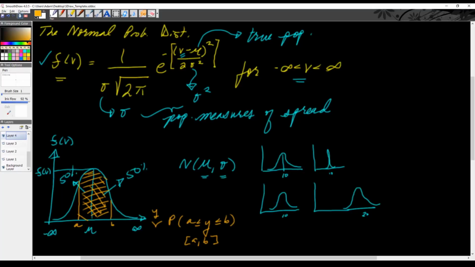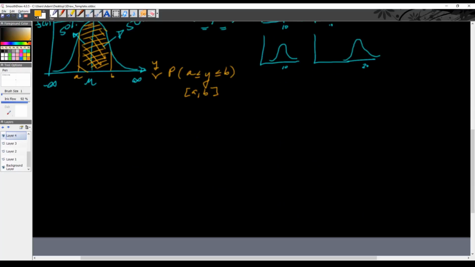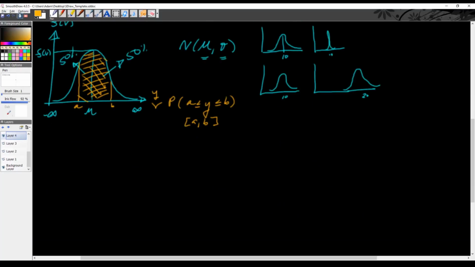So here are three important areas under the normal probability distribution. I'm going to draw a normal curve, trying to draw this to scale, but not even close. Remember, the normal distribution is centered on the mean, and there are 1, 2, 3 standard deviations to the right.